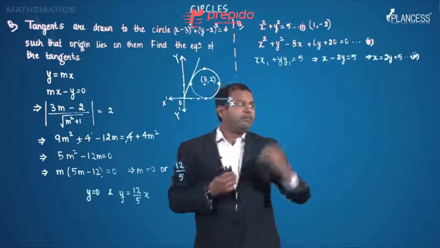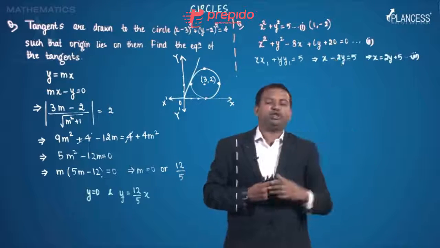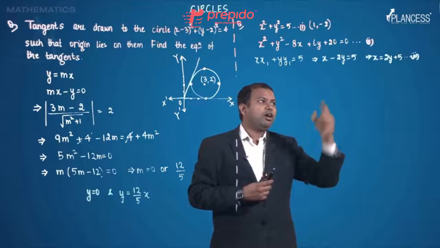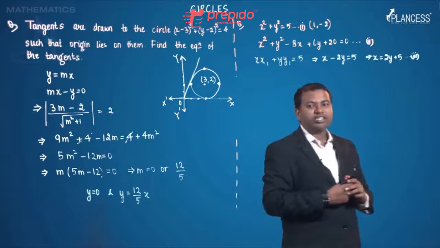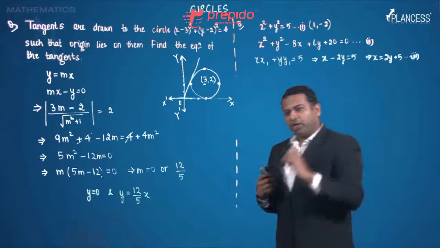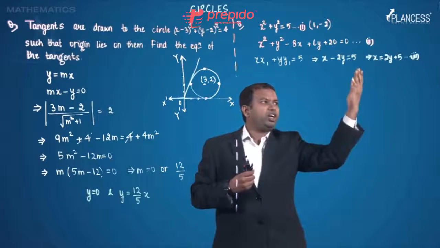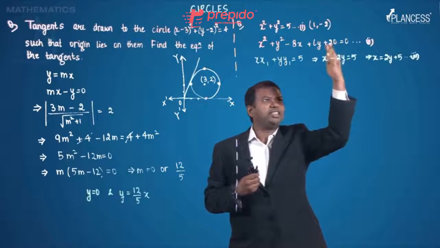Now, if this line which is given by equation 3 is a tangent to the circle given by equation number 2, then if we substitute the value of x in this equation, we should get a unique value of y. So, let us try and do that. So, basically what we are trying to do is, we are trying to solve this line and this circle.